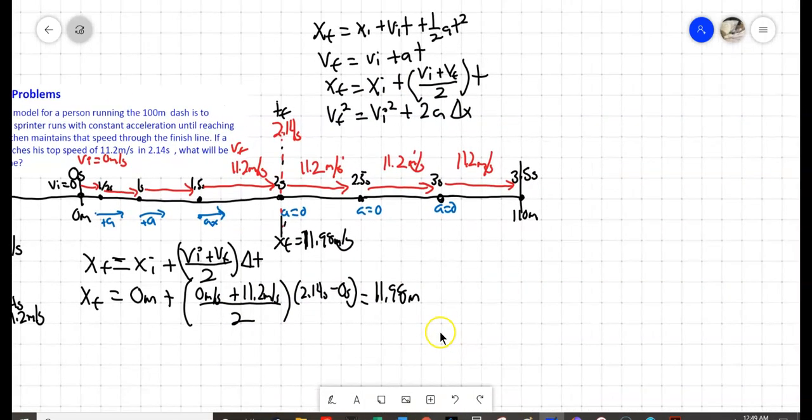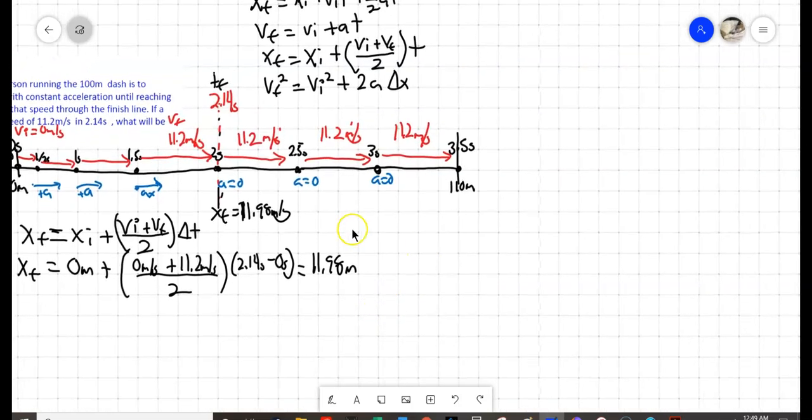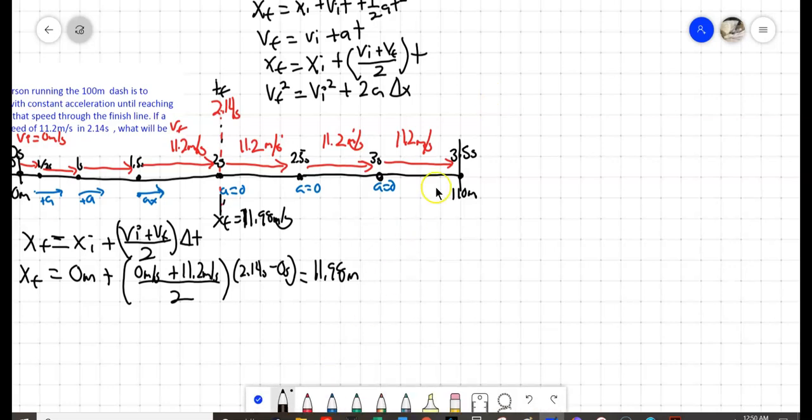Okay, so here now I'm going to write for this portion, the second type of portion, which is a constant motion portion. We are now at a time, and this is the new initial time, which is at 2.14 seconds. And we are at the position of 11.98 meters. So I'm setting up almost like a new problem. 11.98 meters is our initial position at that time of 2.14 seconds.